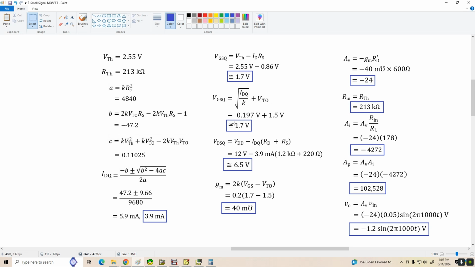Either way, you get the same answer. VDS is about 6.5 volts, gm 40 micromhos or millimhos, voltage gain negative 24, Rin is 213K, and the rest of our values, and of course the output voltage.